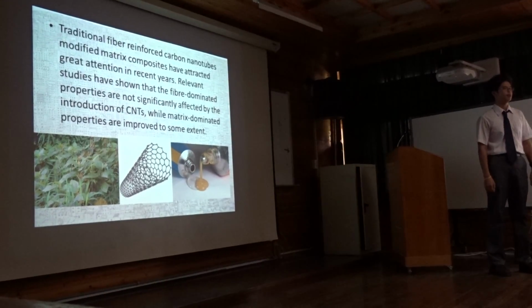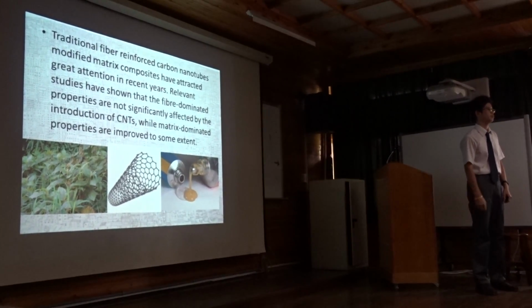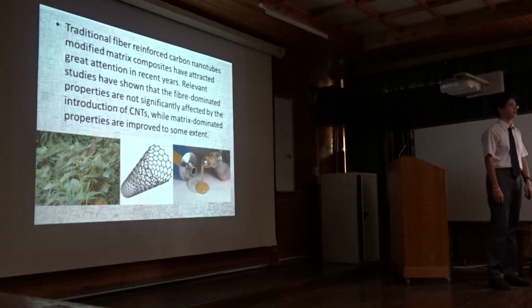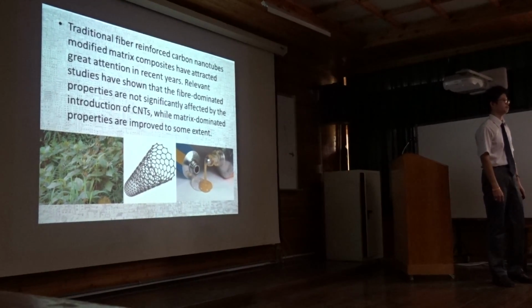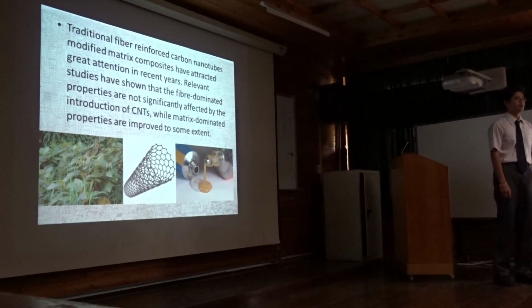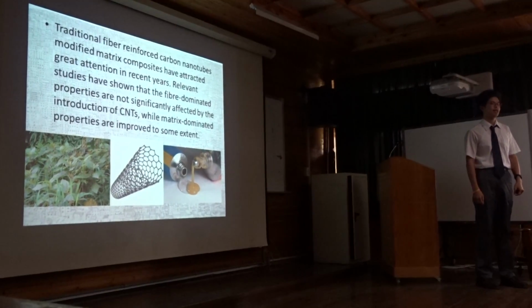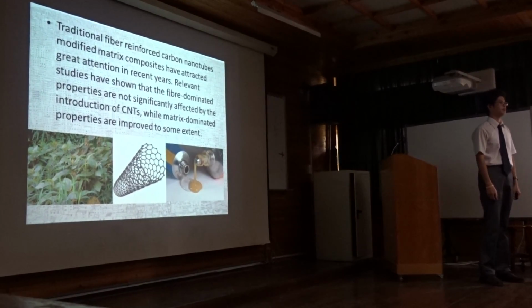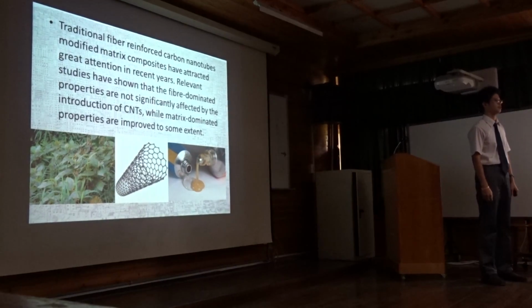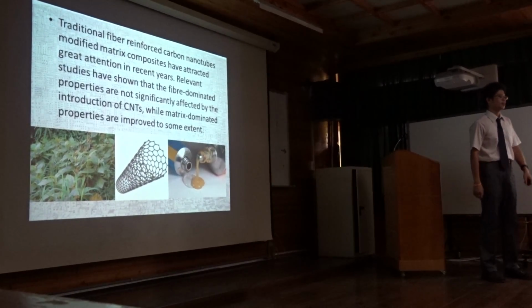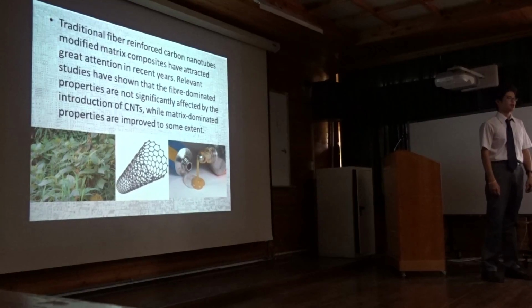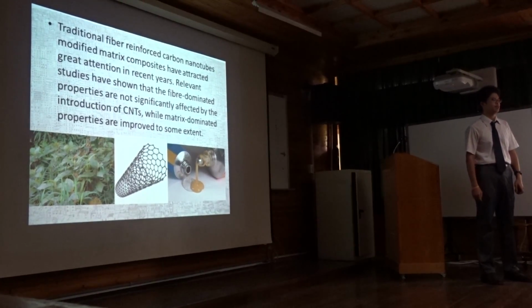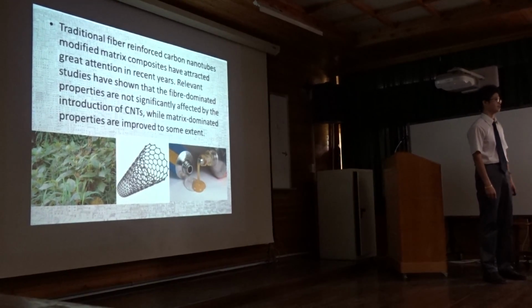However, very limited work has been reported on the carbon nanotubes modified natural fiber reinforced polymer composites. In this report, the creep and dynamic mechanical behavior of rayon fiber and epoxy composites with or without carbon nanotubes were investigated. The effects of carbon nanotubes on the creep and dynamic mechanical behavior of composites were reviewed.